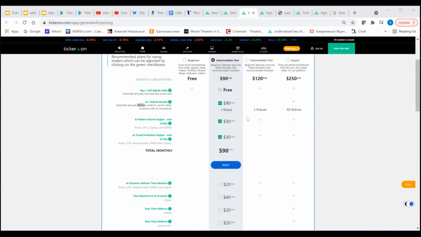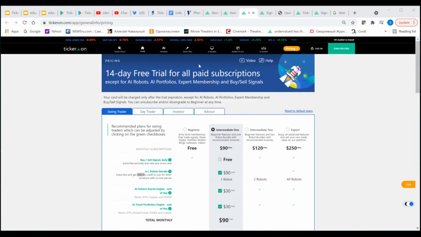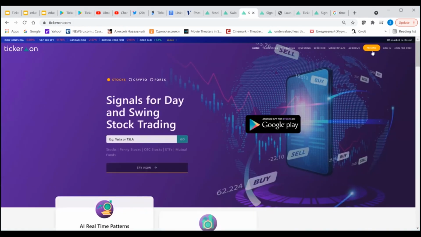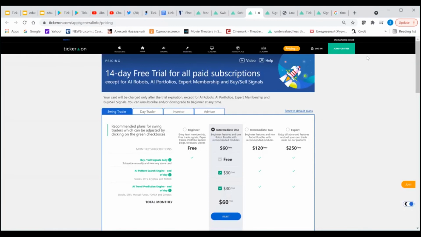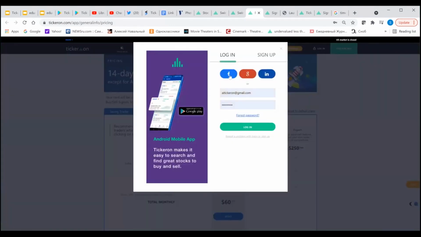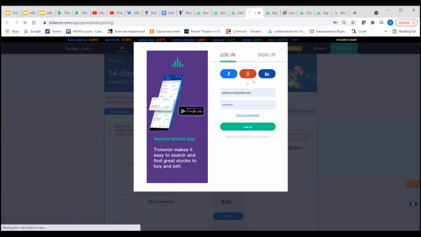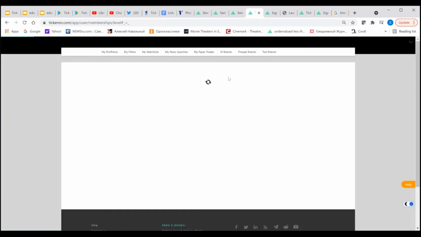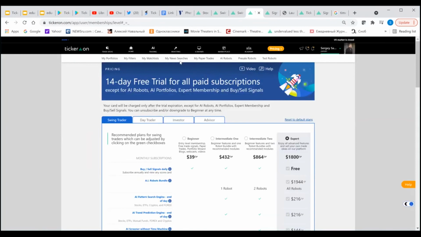Sure, what you can do is try everything for free and try the paper trades. When you go to, oh, I'm logged out. Let me go log in. You can log in through Facebook with one click. It's pretty much easy. I would recommend always doing paper trades.